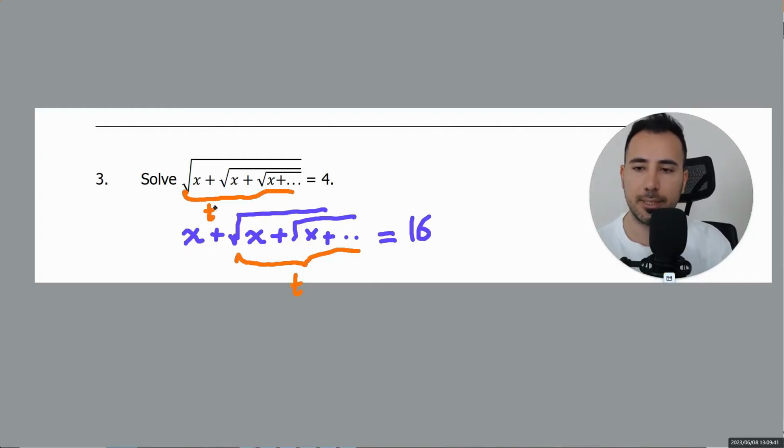And look at here, we said t is 4. So this is also 4. Genius, isn't it? So x plus 4 equals 16. So x is 12.